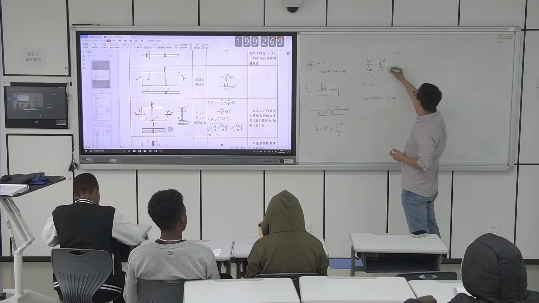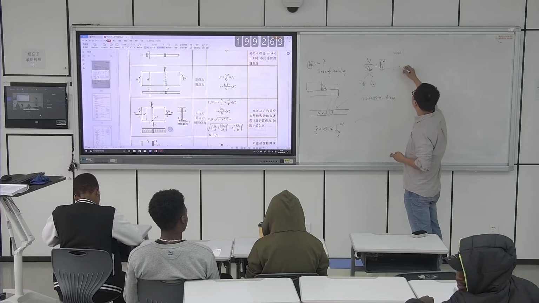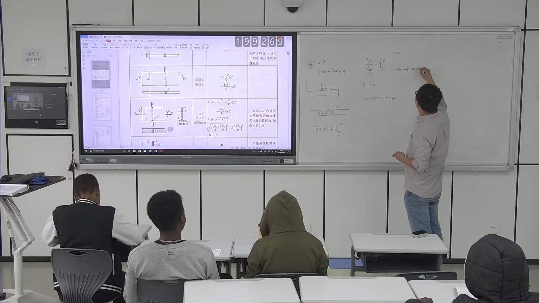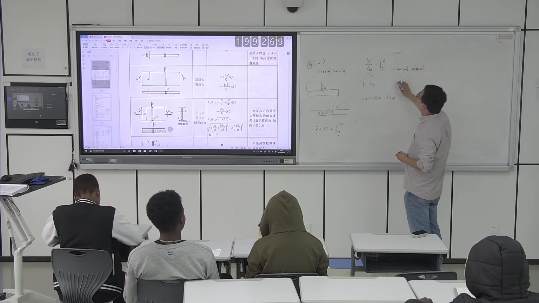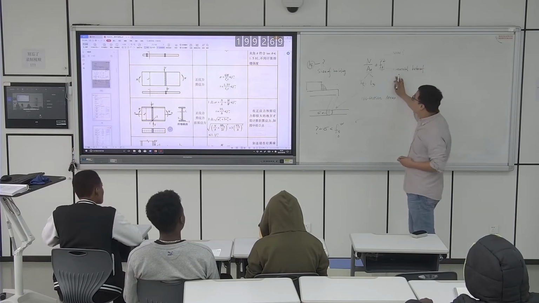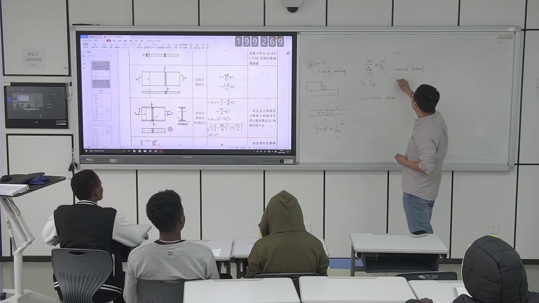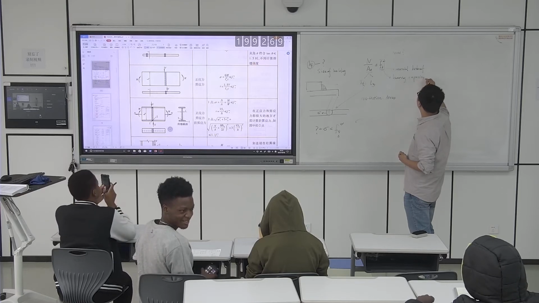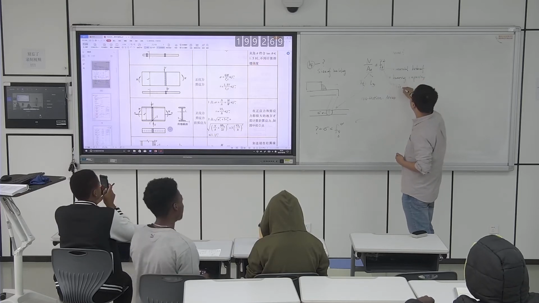This is the material behavior. You will answer. Right? The material behavior, the bearing capacity, or we call it the limit strength.